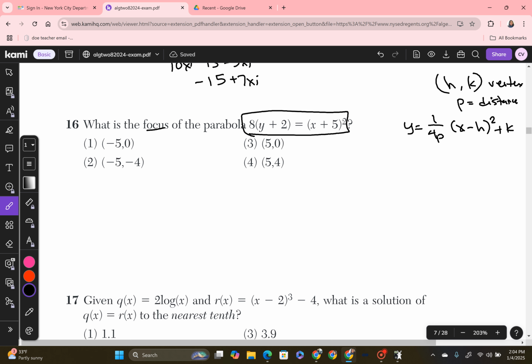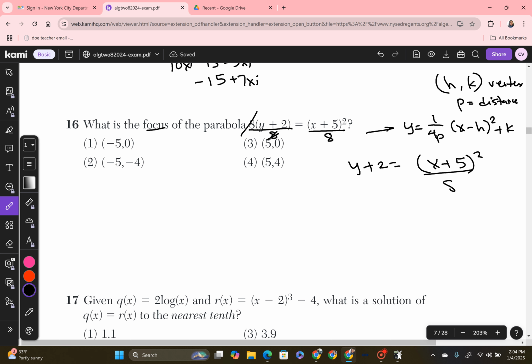Okay, so we have to get what we have here into that form. Let's get the y by itself. To do that, I can divide everything by 8. So this cancels out, and I have y plus 2 is equal to (x plus 5) squared over 8. The y is almost by itself, right?